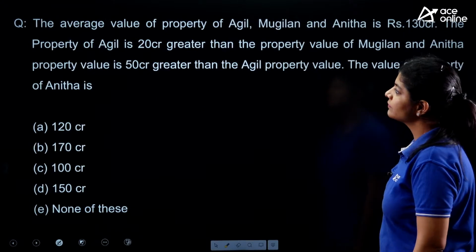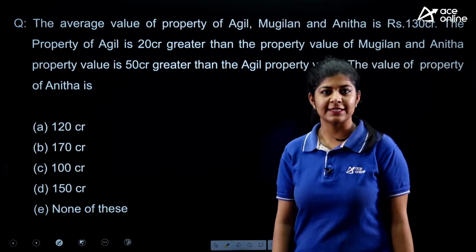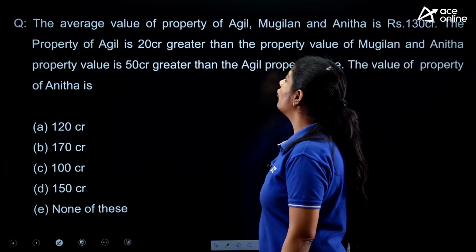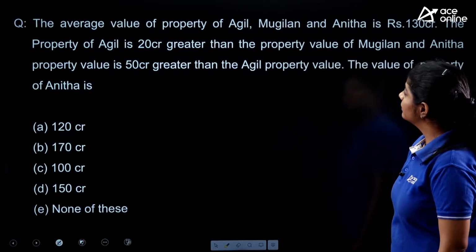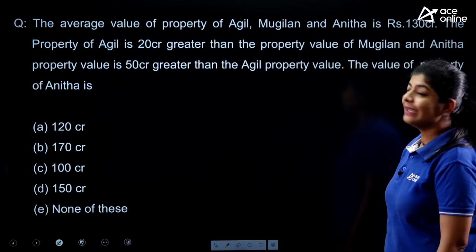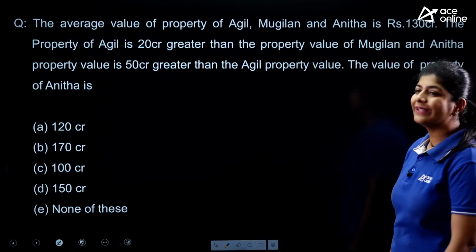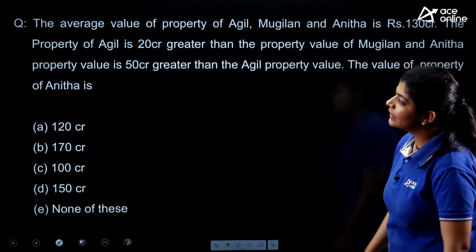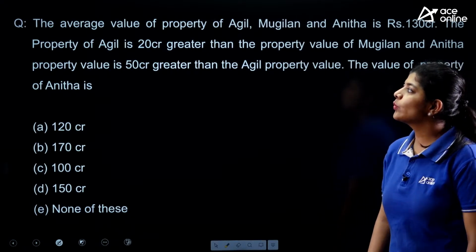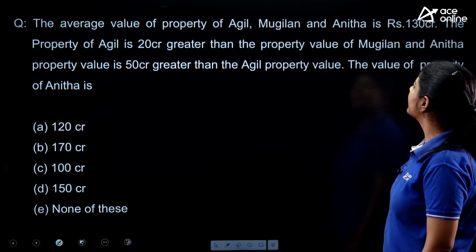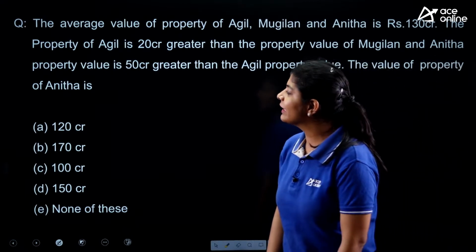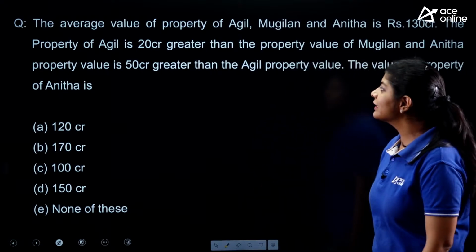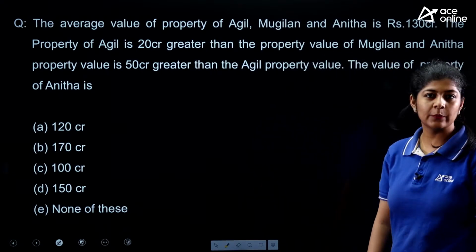Next. The next question says that the average value of property of Agil, Mughlian and Anita is rupees 130 crores. The property of Agil is 20 crores greater than the property value of Mughlian, and Anita's property value is 50 crores greater than Agil's property value.